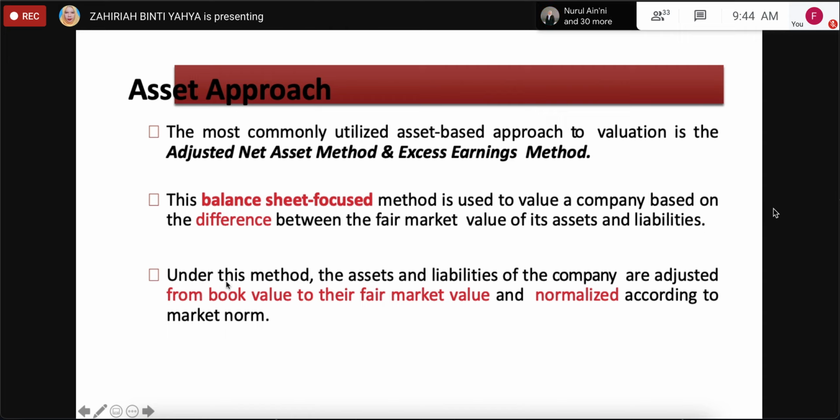Okay. So under this method, ya, asset and liabilities are adjusted. Dia tak ambil yang dalam book value tu, tak ambil that figure straightforward, ya. We have to do adjustment, and we normalize it to the fair market value, ya. And we have to take into consideration the market norm, or the market situations.